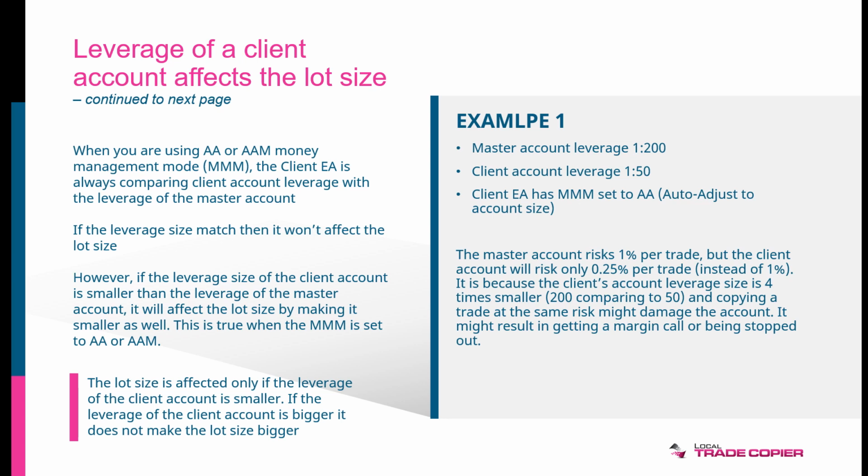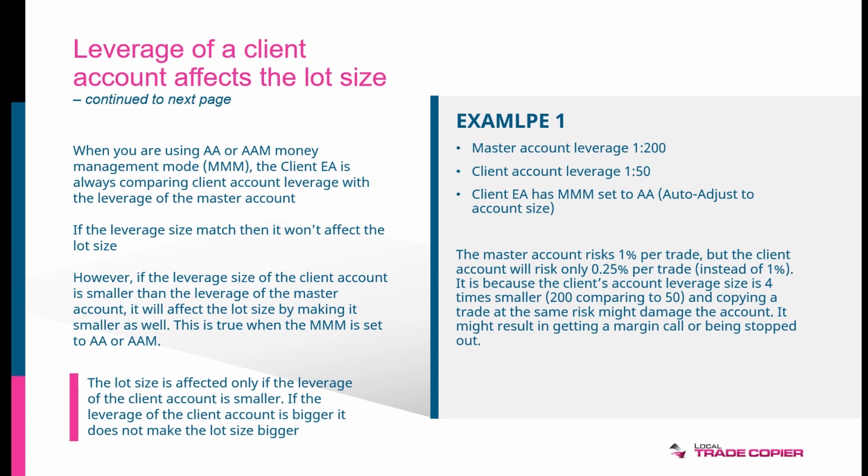So here's an example. Let's say master account leverage is 1 to 200 and the client account leverage is 1 to 50. Then the client EA has the MMM set to auto adjust to account size. Then the master account risks 1% per trade, but the client account will only risk a quarter of that, instead of 1%.